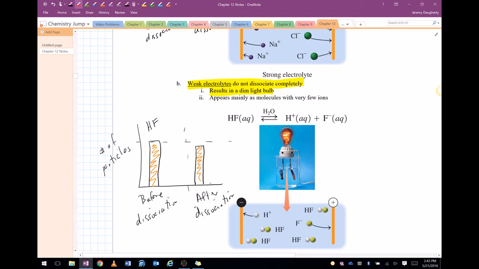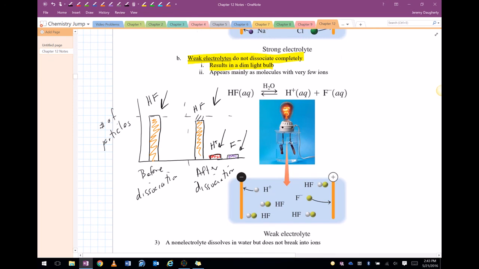We get a smidge of H+, and we get a smidge of fluoride ion. Okay, so here's before we put it in water, here's after we put it in water. Again, we've only lost a little bit of that HF molecule. So we only form a little bit of the hydrogen ion and the fluoride ion, and that's a weak electrolyte.